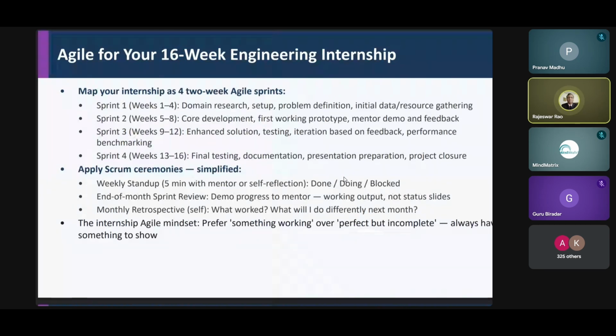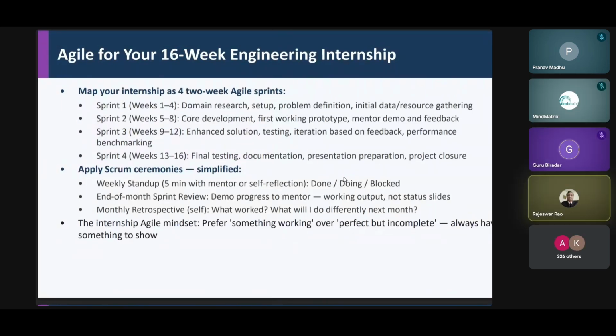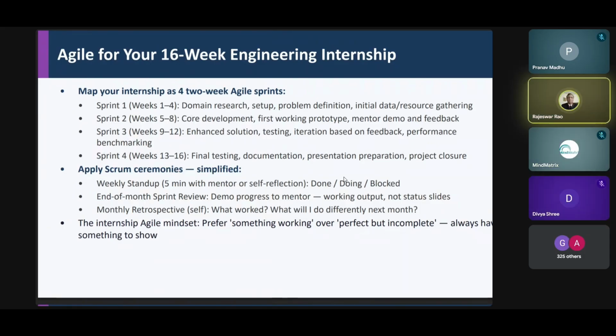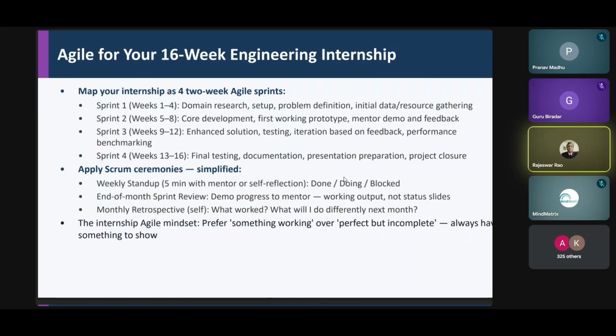So use this internship project as a full-blown project, not only to improve your discipline of doing a project, but also build other skills, your technology skills, your communication skills, your writing skills, your planning skills. I think this is a great opportunity to become a better professional out in the market. And I'm sure you will be the most sought after resources in the market.